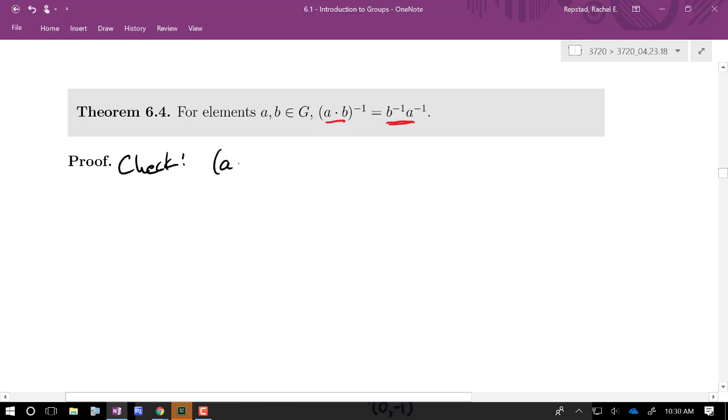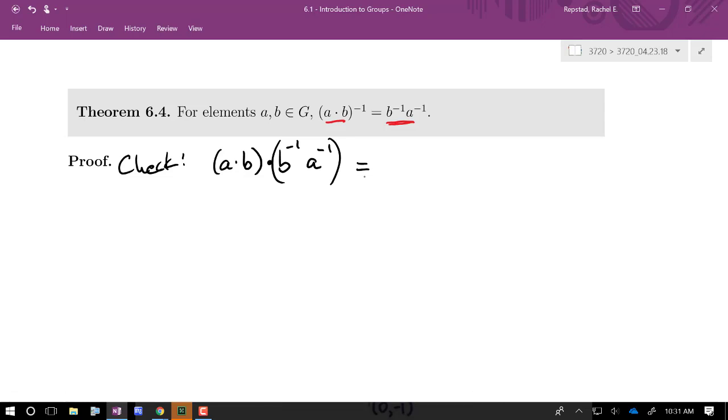If we take AB times B inverse A inverse. This is what should give us 1. So we're just going to apply the axioms, part of the definition of what makes a group a group.